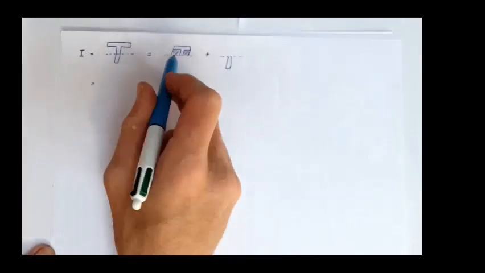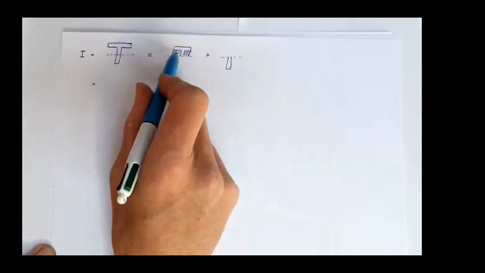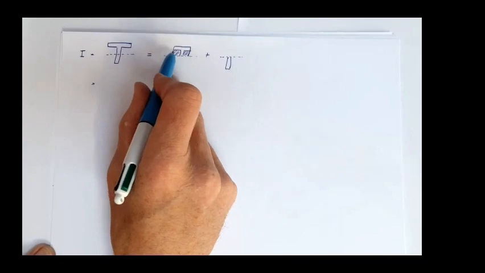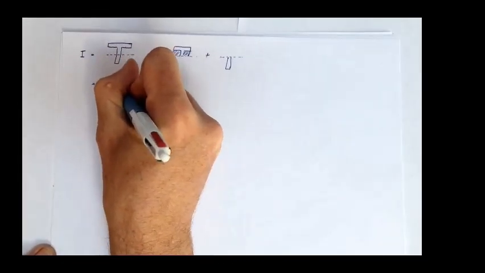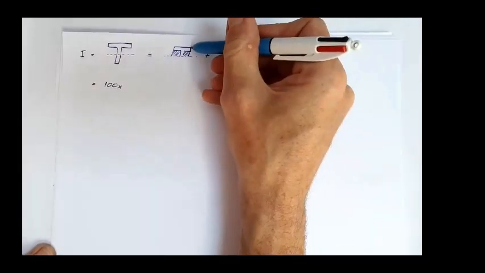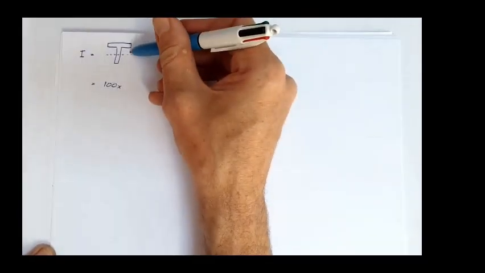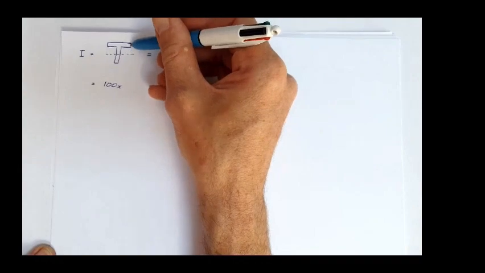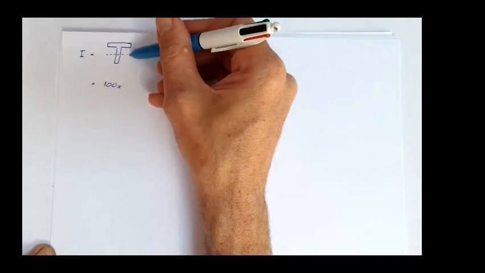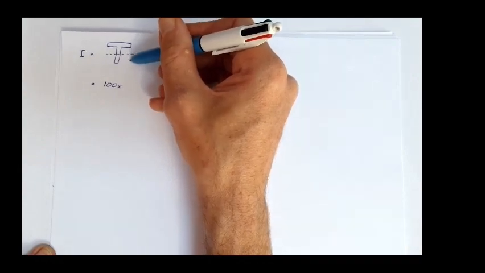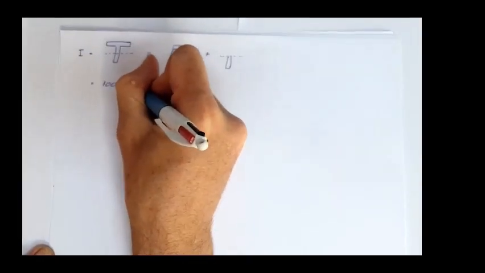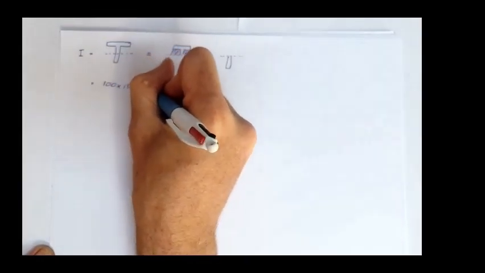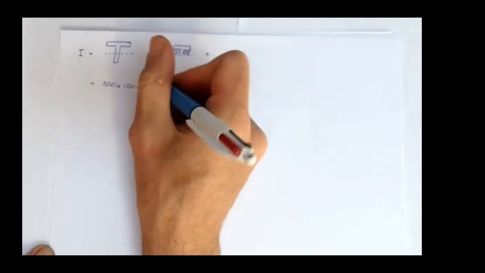If we calculate this here, so that is 100 wide, so B times D, so that is going to be 150 minus 109.4.